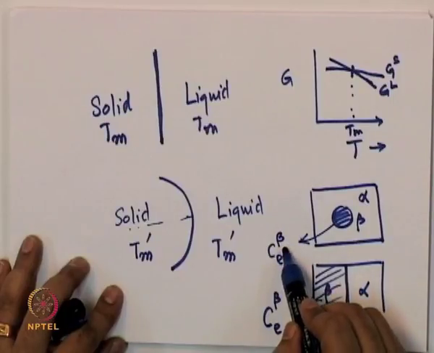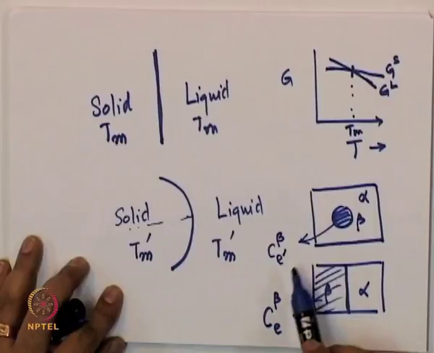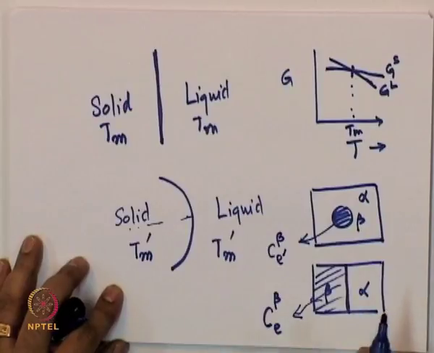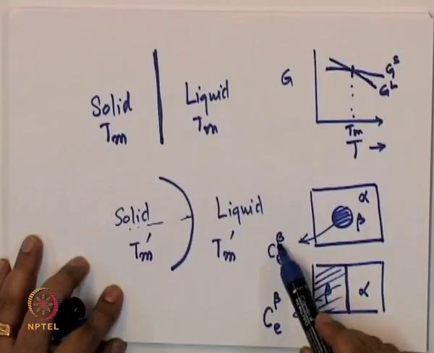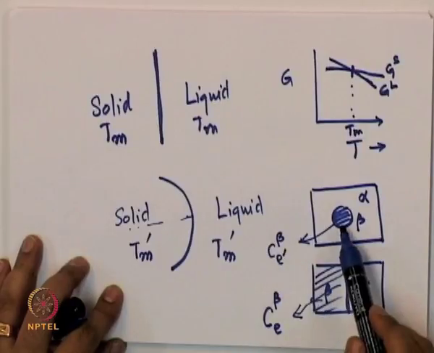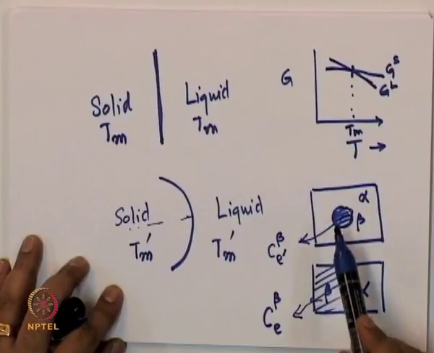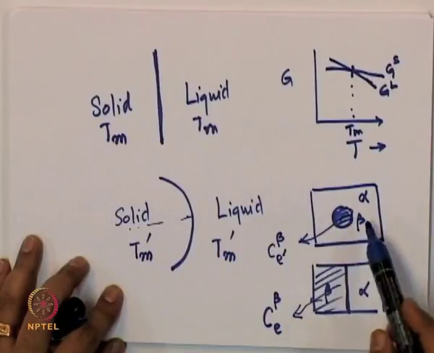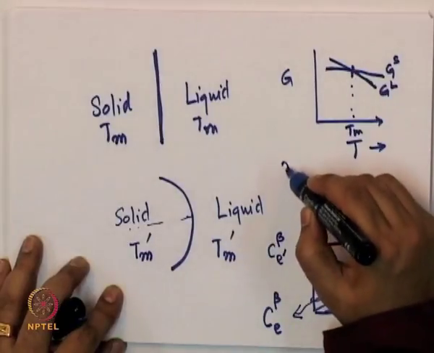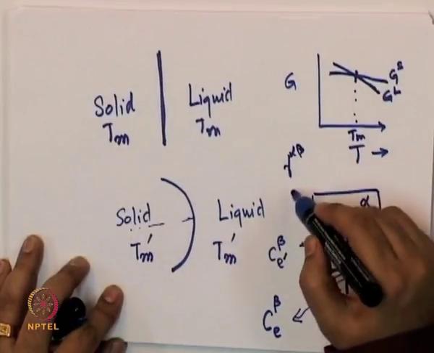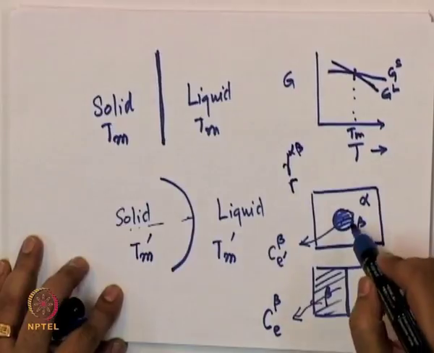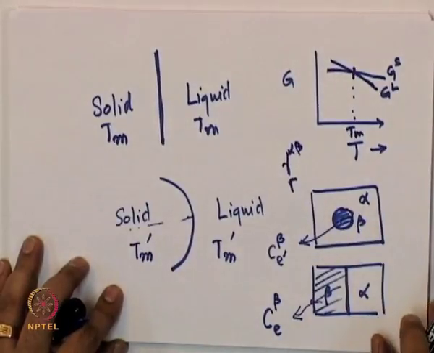So, it will be Ce prime beta. So, how Ce prime beta and Ce beta are related can be obtained using thermodynamic arguments. We will do it as a tutorial. This Ce prime beta is related to the curvature of this and the interfacial energy of the alpha beta interface. So, it depends both on gamma alpha beta and R, which is the radius of this precipitate.